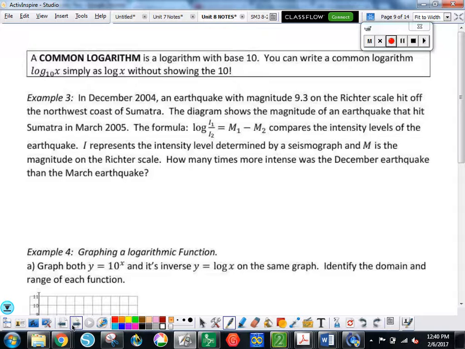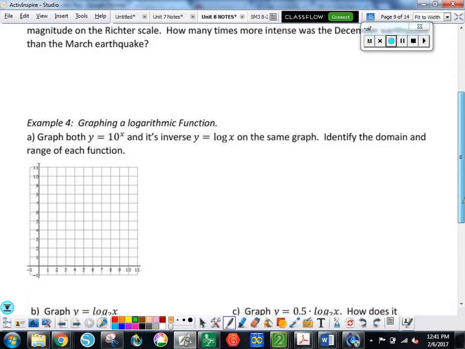Rather than writing base 10, you can just write log of x. That doesn't answer how you plug it into your calculator in different ways. We will do that, I don't know if today. If not, I can show you. Example 3 goes with number 9 on the homework. It's a good problem, however, I don't think we'll have time for it today, so let's skip it temporarily and move on to example 4.